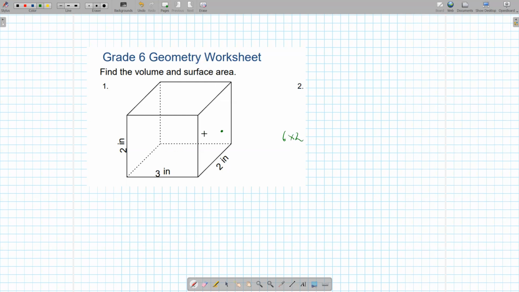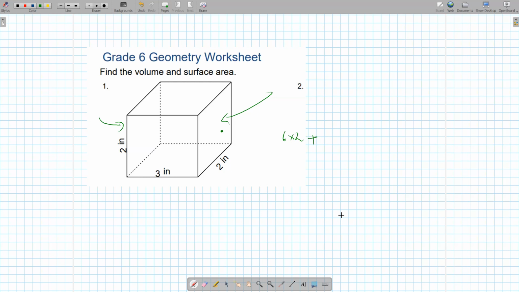Let's do left and right, like this one and this one. What would it be for that? Any ideas? What's the area of the side faces, basically, is the question. Is it also 6?